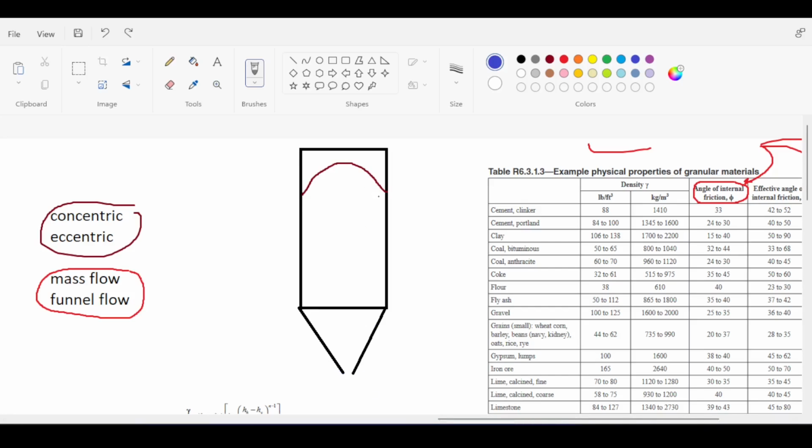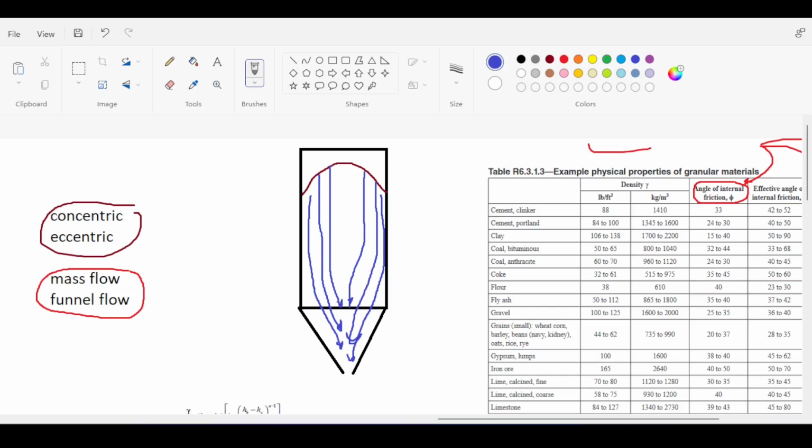If you open this opening, then the silo will start to empty, which means your granular material will start following the paths to the exit of that silo. Of course, we're assuming that emptying is happening at a normal rate, because otherwise dynamic effects would be taken into account that are actually approximated in this code, but then the approximation will fail.